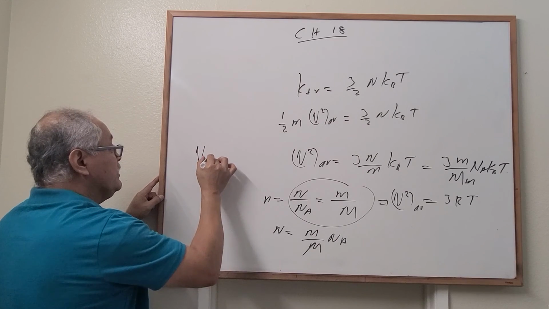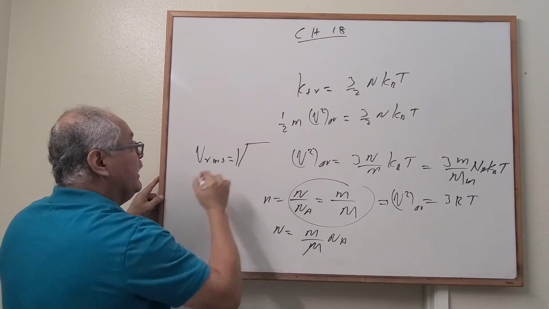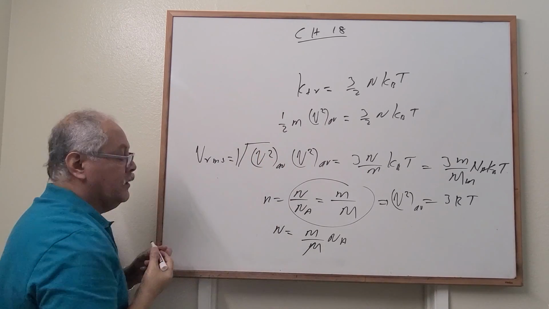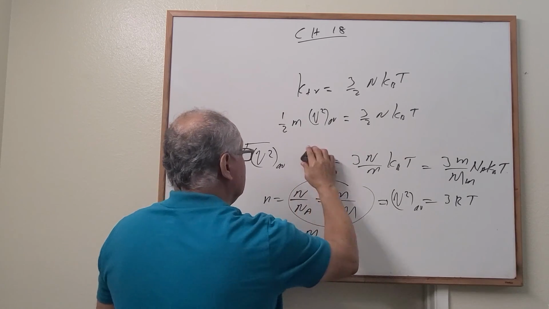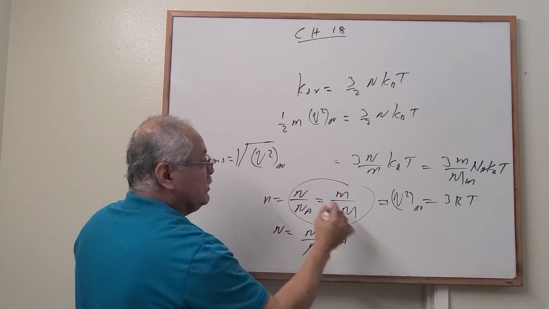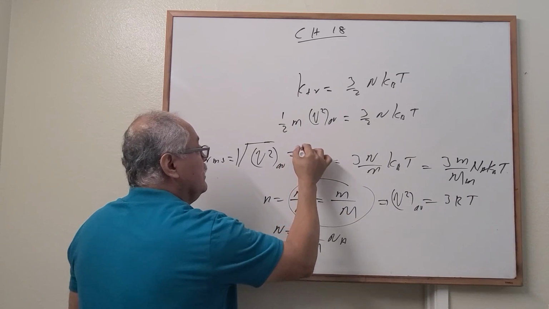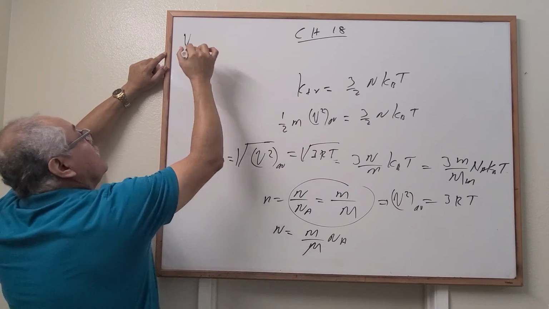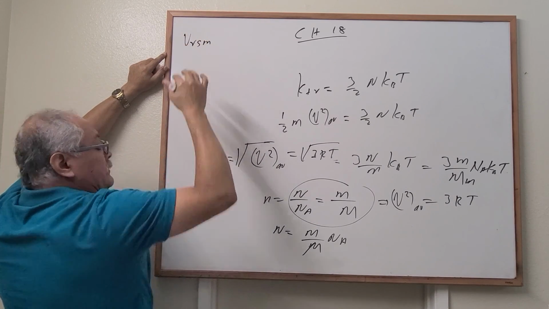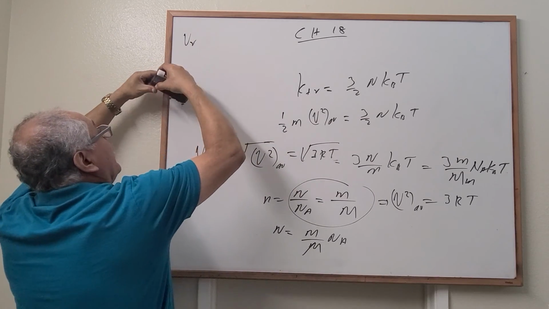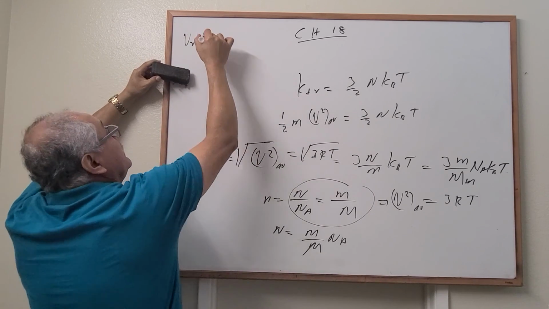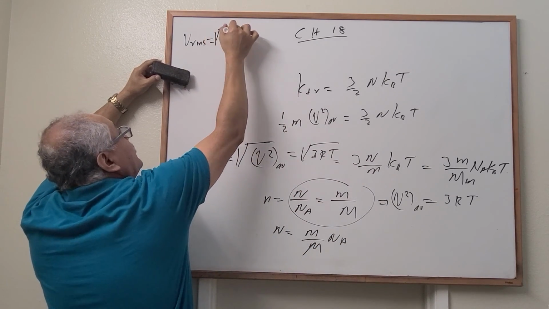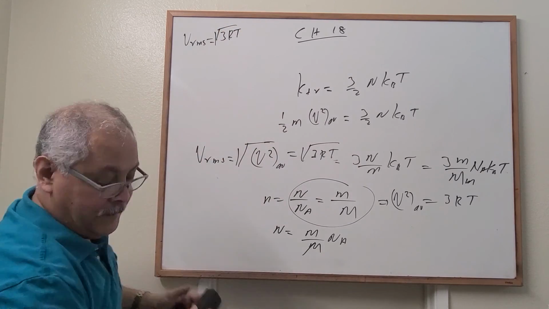The root mean square speed is equal then to the square root of 3RT.